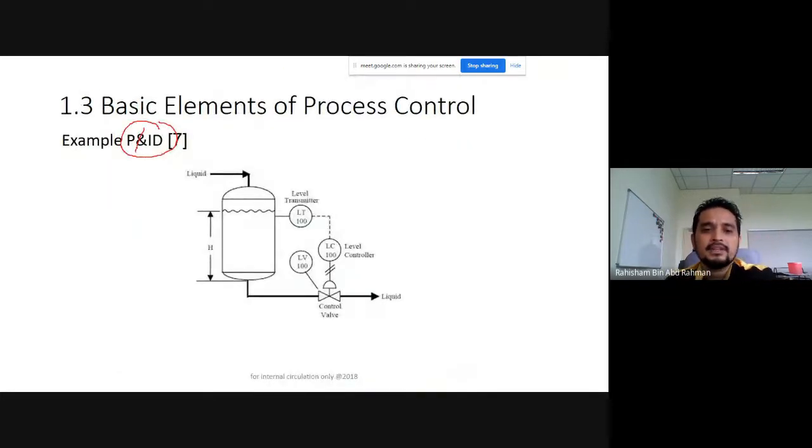The P&ID is actually the process and instrumentation diagram, just like the symbols in your electric circuit.